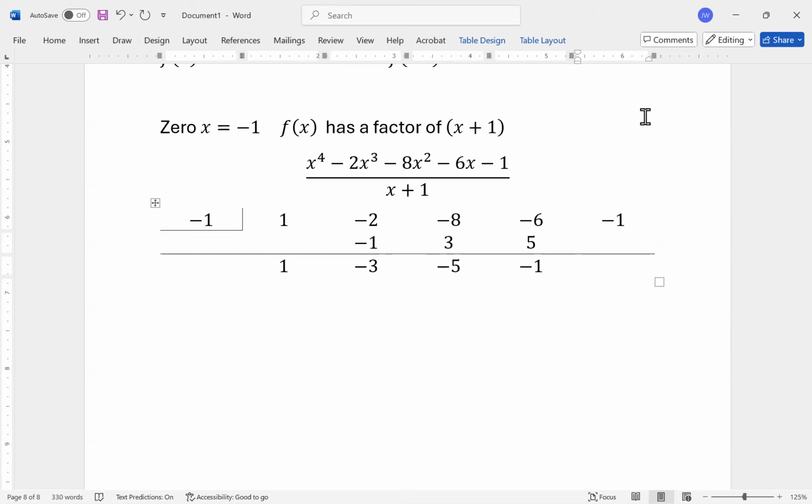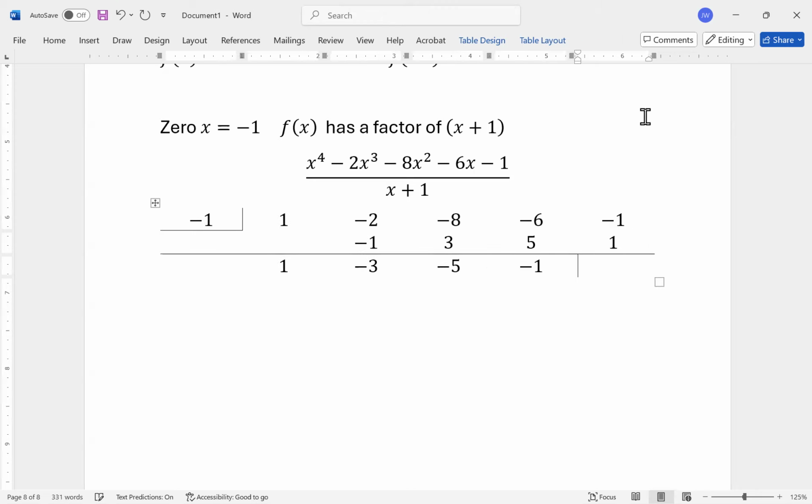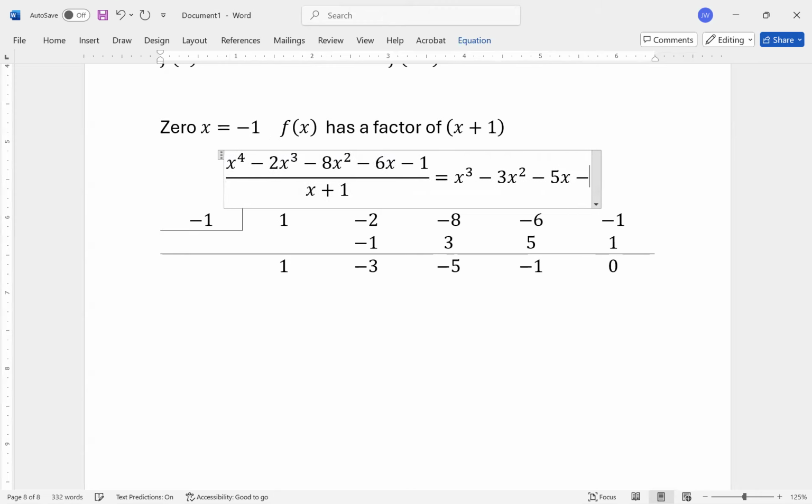And then -1 times -1 is a +1. Those add to 0. And so the division gets us that this fourth degree polynomial divided by x plus 1 gives me x to the third minus 3x squared minus 5x minus 1.